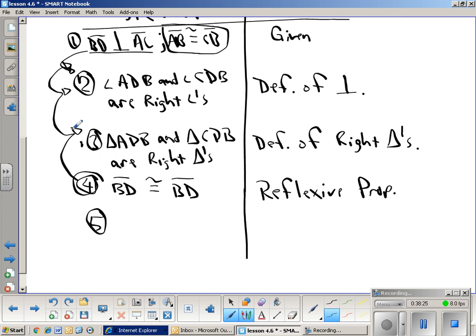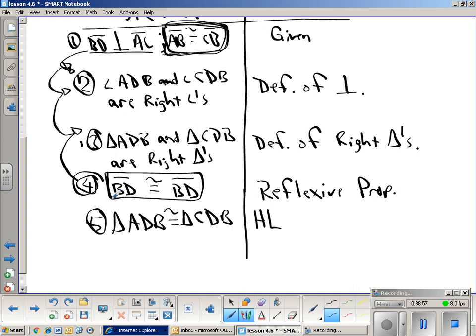You can put that step wherever you want as long as it's before this last step, which says triangle ADB is congruent to triangle CDB by HL. So to use HL, we need three things. We need the hypotenuse. We need a leg. And we need to know the fact that they are right triangles. We need those three things to be able to use HL.